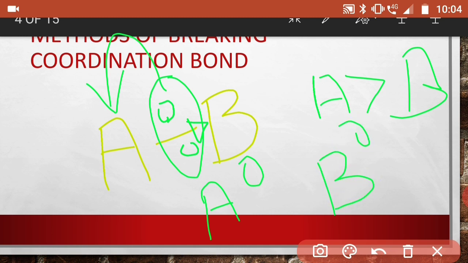Because A will get its own electrons back, because before the bonding with B, A already had these two electrons. It shares the electrons with B and forms the coordinate bond. So when we break the coordinate bond, these two electrons will shift towards A, and A will become neutral and B will also become neutral, because neither A gained electrons nor B gained electrons.